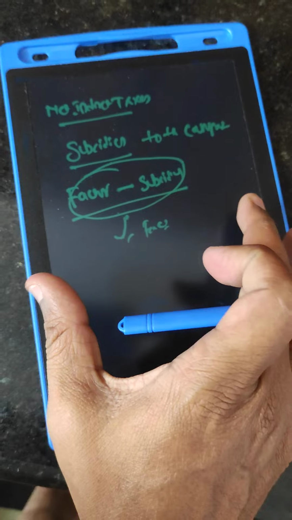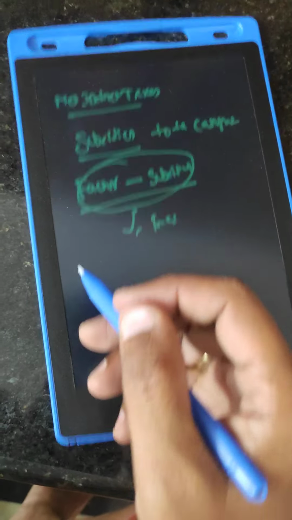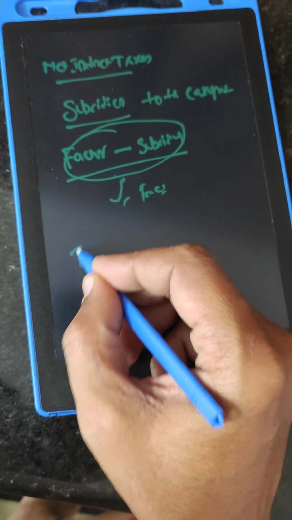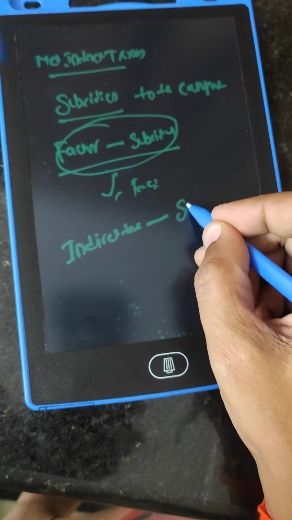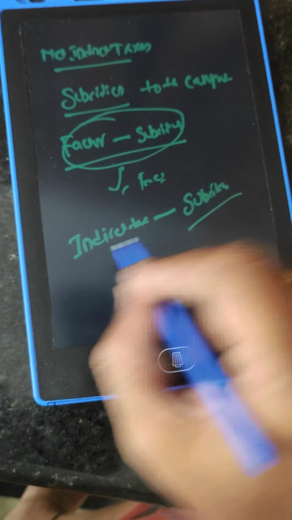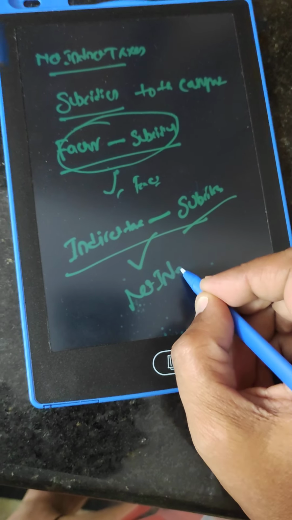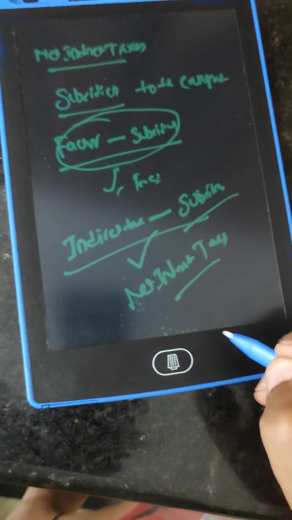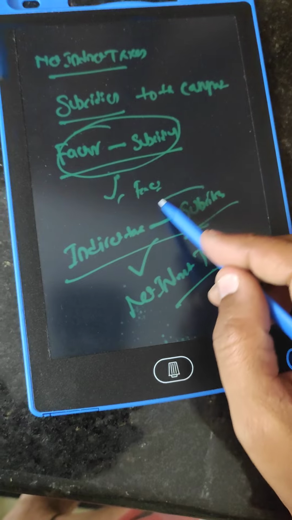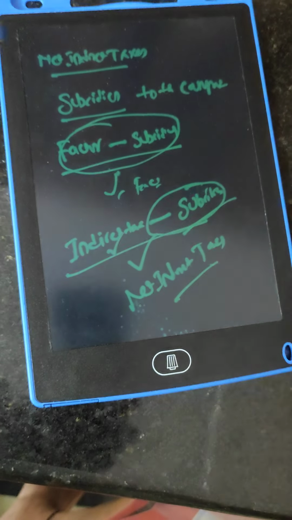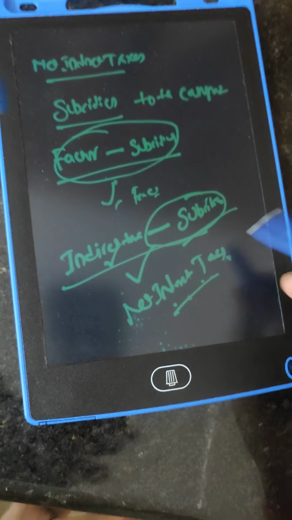So by seeing this, we can deduce the indirect taxes. So easily, indirect taxes minus subsidies is called net indirect taxes. Most of the time the subsidies should be less than the indirect taxes, right? This is called as net indirect taxes.